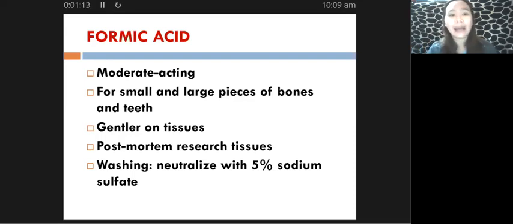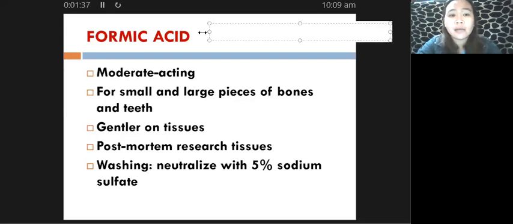Formic acid can be utilized as a fixative and a decalcifying agent. May I just mention also fixatives that can act as decalcifying agents. In the laboratory, there are a lot of fixatives that we can use.